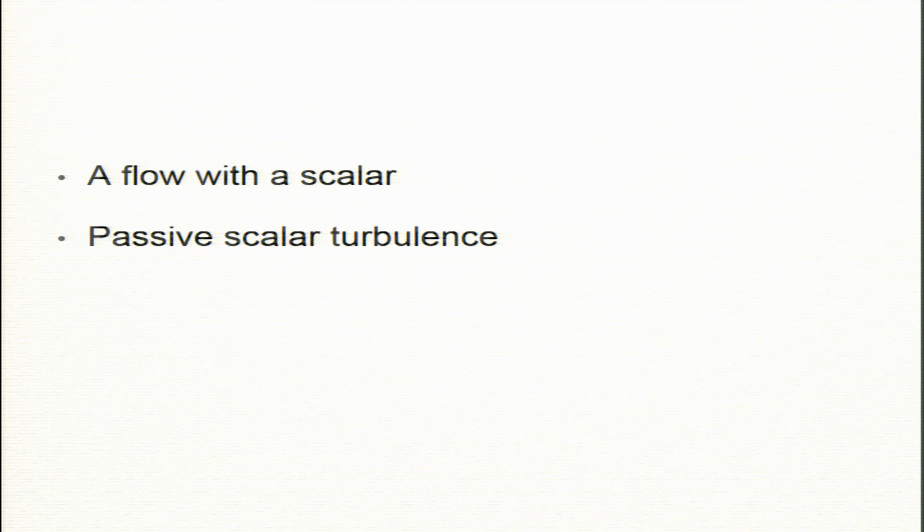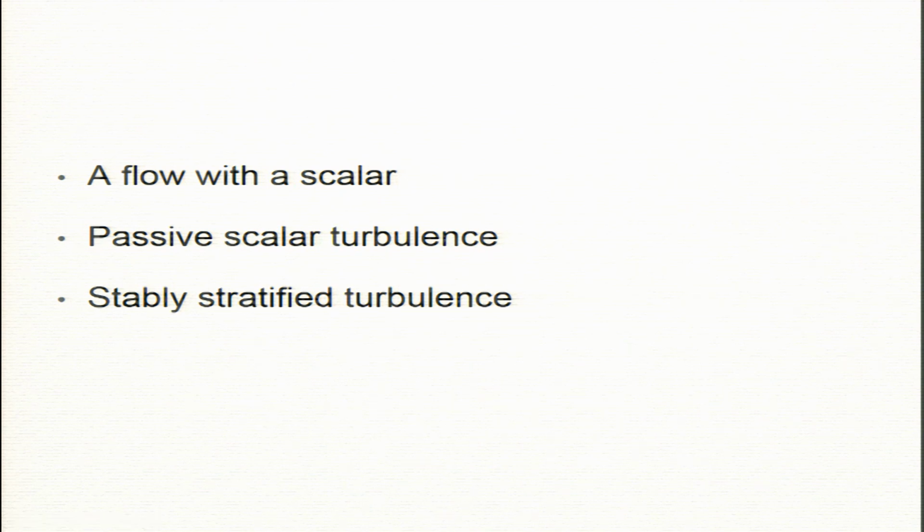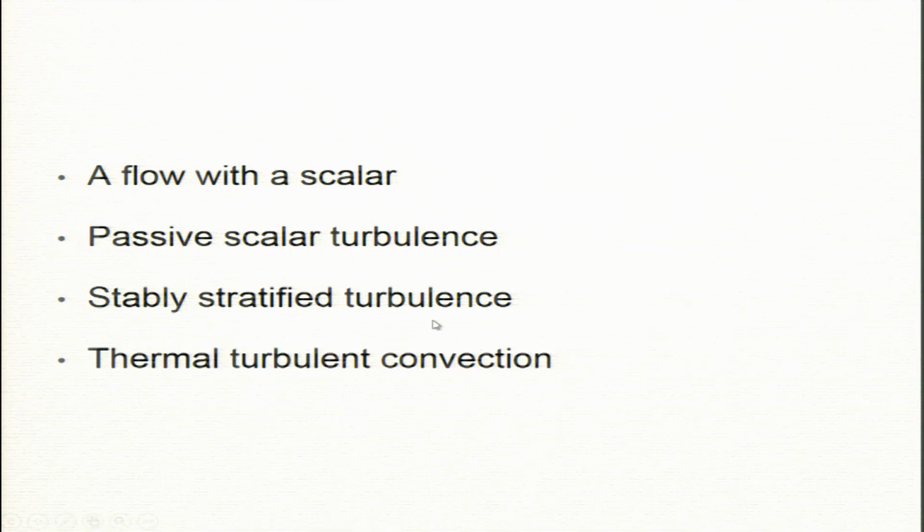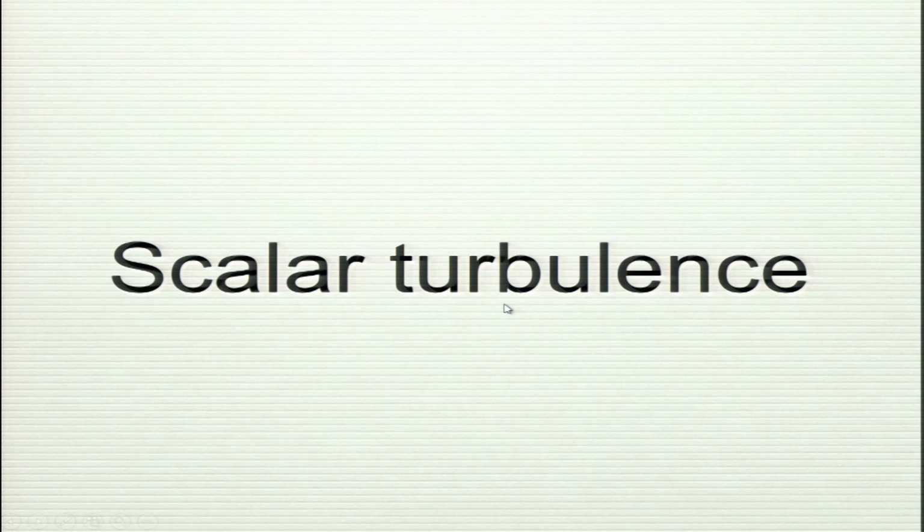Then we will do stably stratified flows, like Earth's atmosphere, which is stable, the density is heavy at the bottom and lighter at the top, and then we will work with convection. So, these are 4 topics I will cover today and tomorrow. Let us start with scalar turbulence.